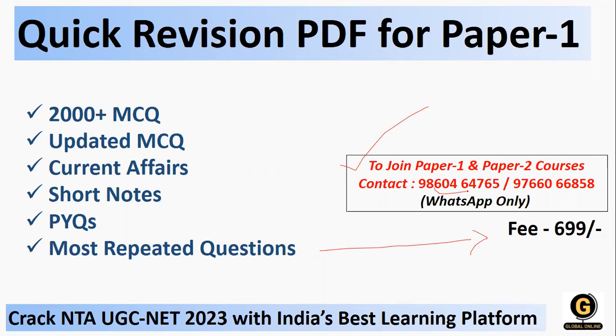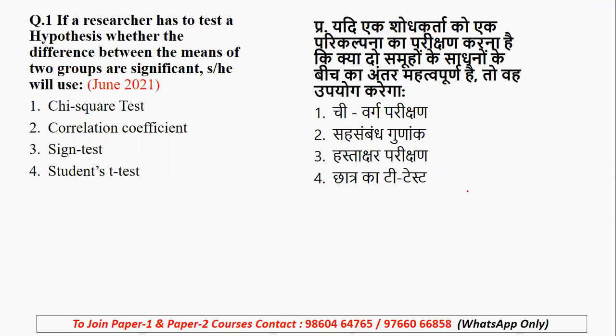So now let's start with question number 1 for the day. I have also written which shift this paper is from. Question number 1 is talking about if a researcher has to test a hypothesis, whether the difference between the means of the two groups is significant or not.